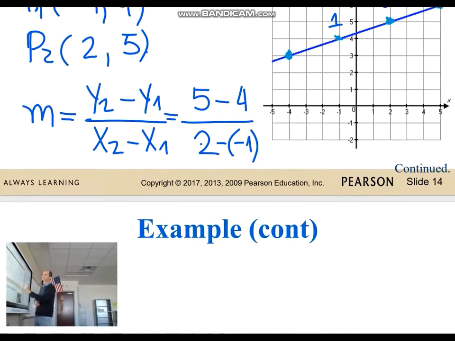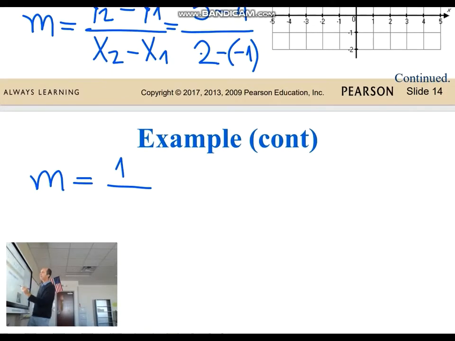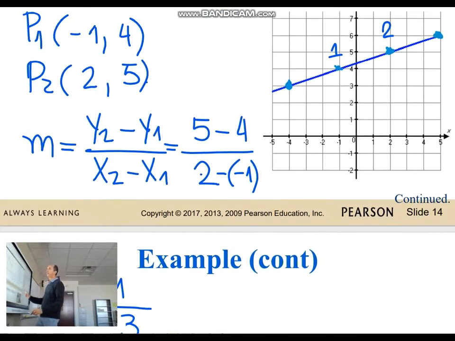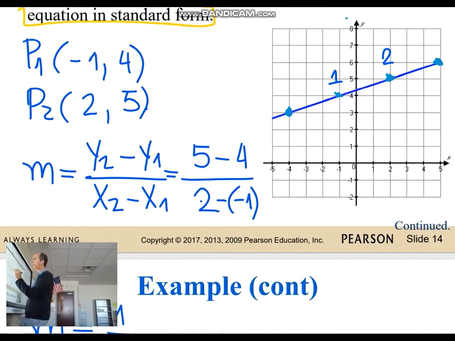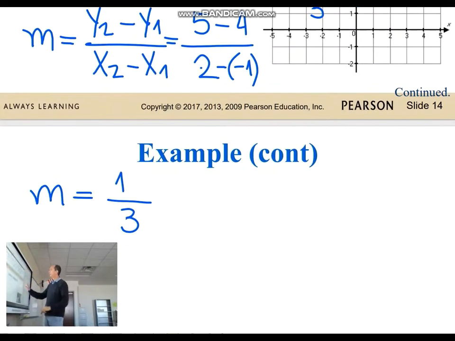That means m equals 5 minus 4, 1, over 2 minus negative 1, 3. 1 over 3. This is our slope. And we can check it here, because the slope is rise over run. We have run is 3 and rise is 1. Perfect. Yes, we have the right slope.